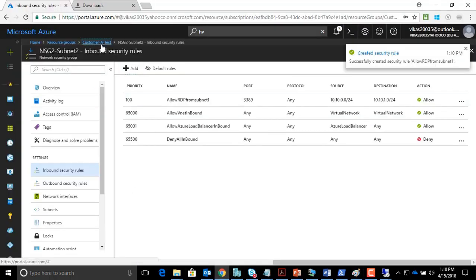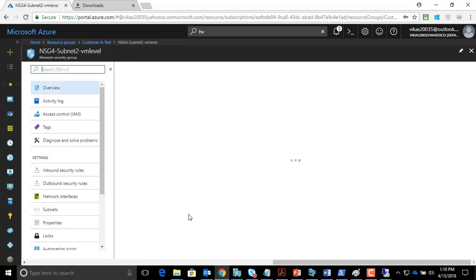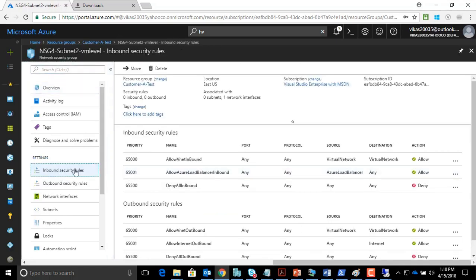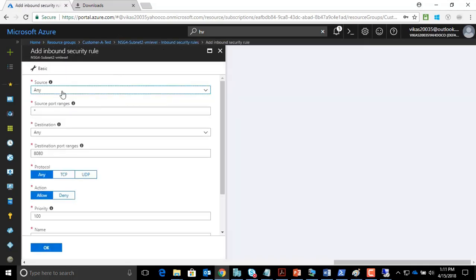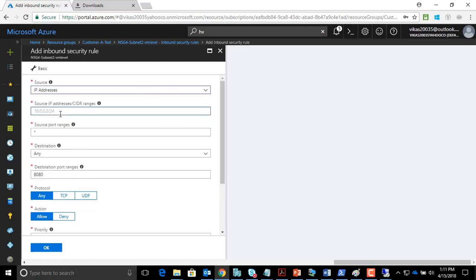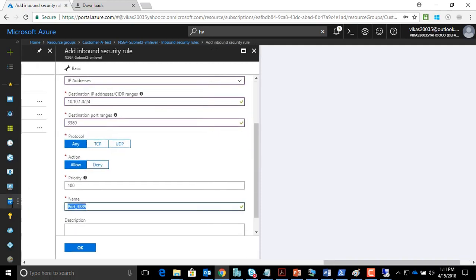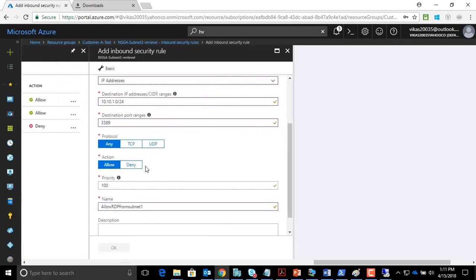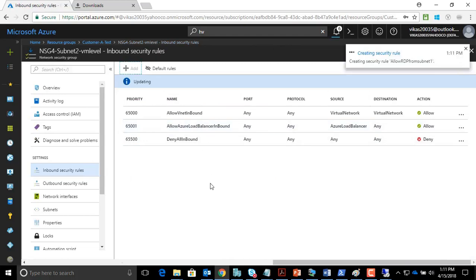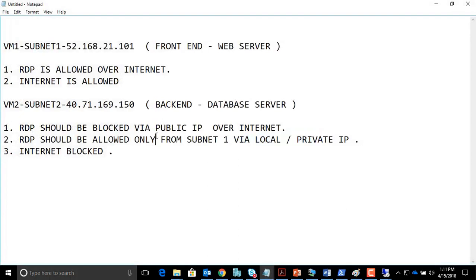So I'll go to the same rule which is in firewall number 4, subnet 2 VM level inbound. 10.10.0.0, same rule, destination 10.10.1.0, subnet 2, 3389 allow. So with this, we are in a position to take RDP. We'll test in a couple of minutes.